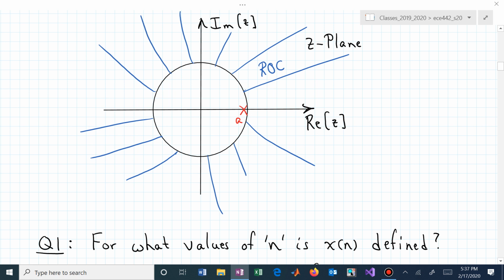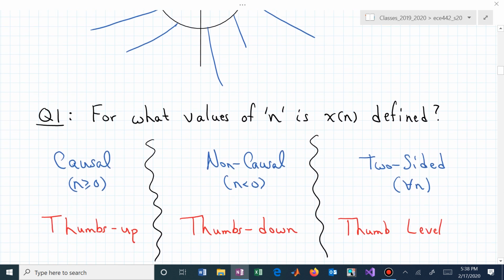I'm going to count to 3, and at the end of 3, you show me your thumb, so that this way people can't look around and say, oh, everybody looks like their thumb is this direction. Causal is thumbs up.